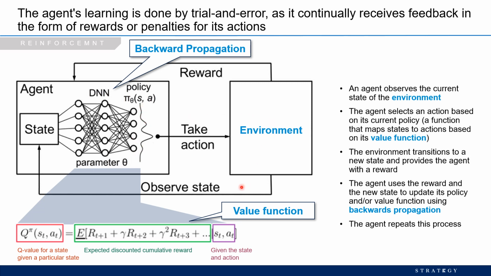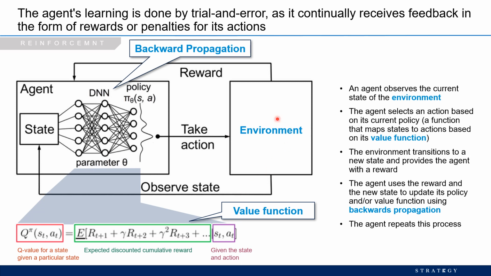So it runs the different state choices through its value function, and that value function determines which state it should go to. Then the agent will take an action and move into that state.